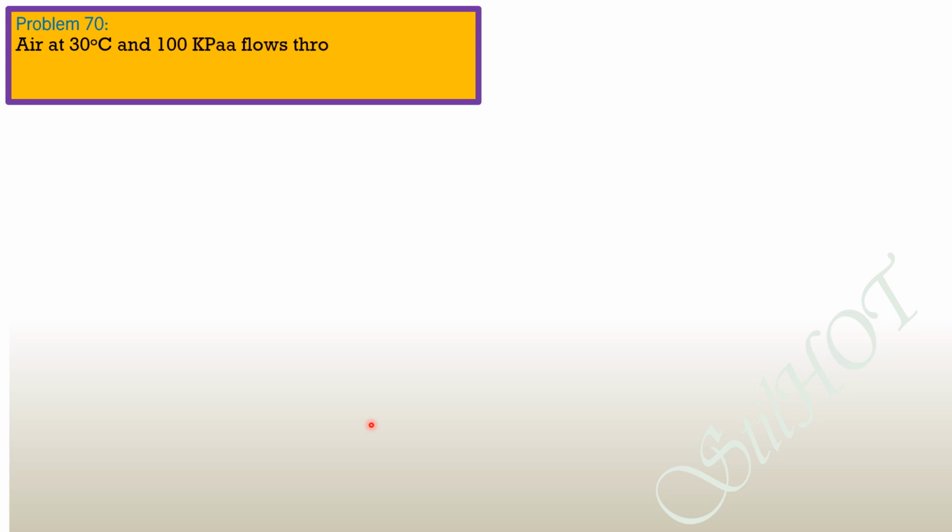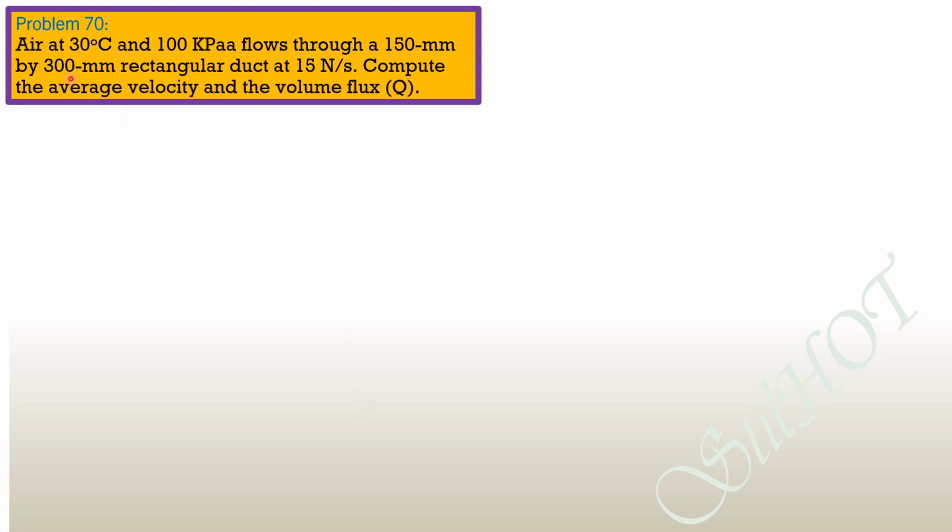Problem 70. Air at 30 degrees Celsius and 100 kilopascals absolute flows through a 150 mm by 300 mm rectangular duct at 15 newtons per second. Compute the average velocity, so that's V, and the volume flux or the discharge. So for the solution, this is the weight flow rate, 15 newtons per second.